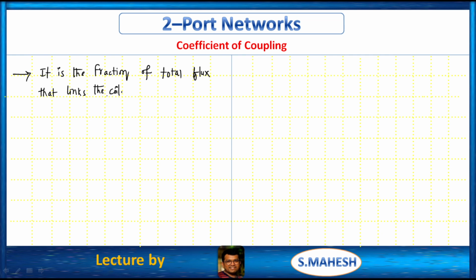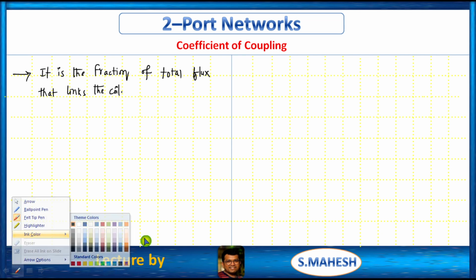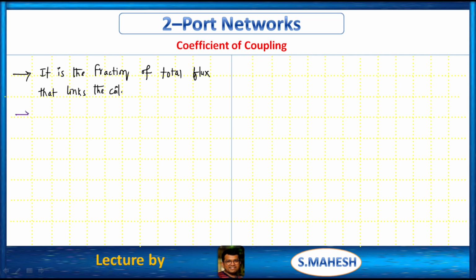That's it. So the coefficient of coupling we can define with K, which is equal to phi 1 2 by phi 1, which is equal to phi 2 1 by phi 2, right?